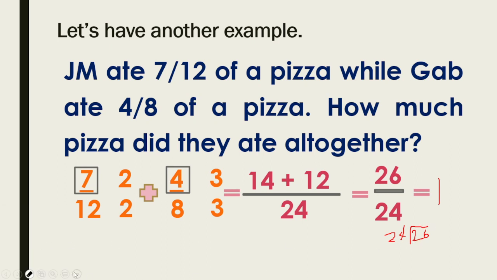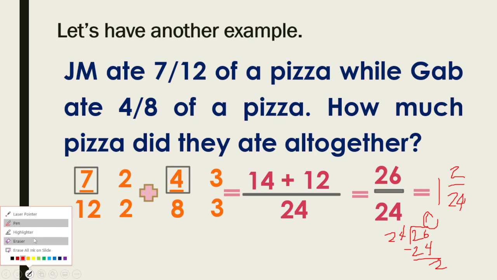So, isa. 26 minus 24, which is 2. So, that is 1 and 2 over 24. So, yan na po ba yung final answer natin? Hindi pa po. Okay, why?